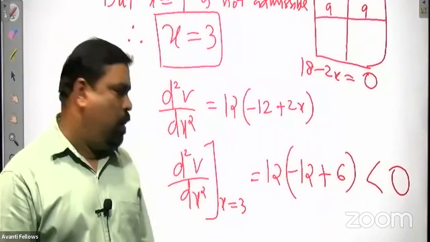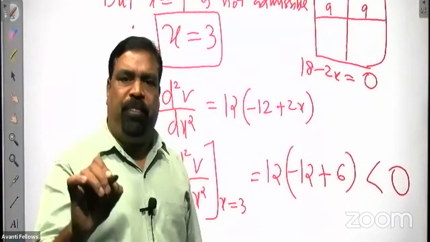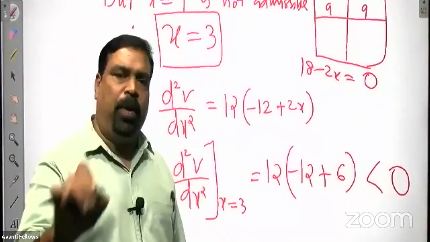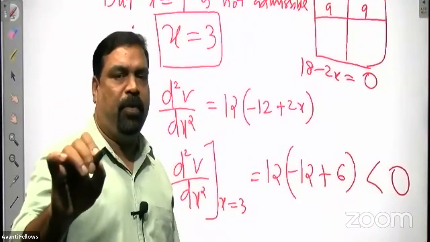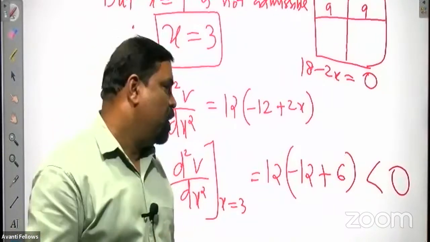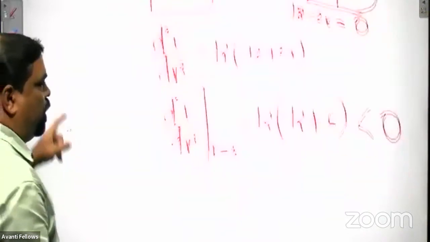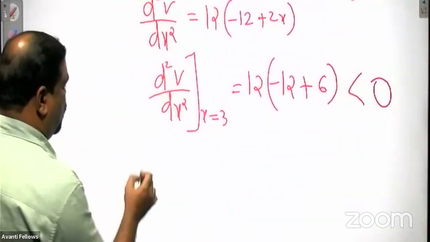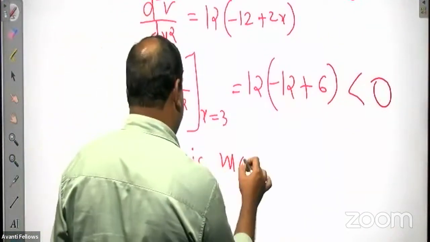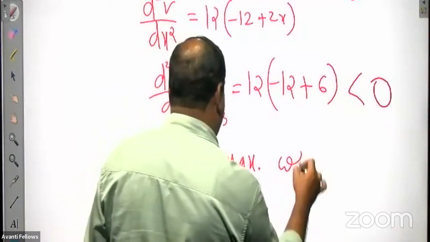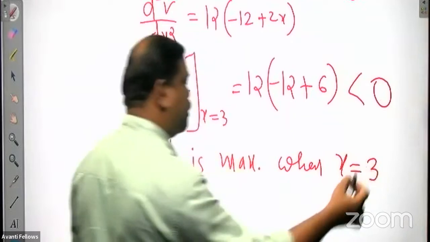Second derivative is negative. That means our critical point 3 is a point of maximum. That means V is maximum when x equal to 3. Therefore, the volume V is maximum when x equal to 3.